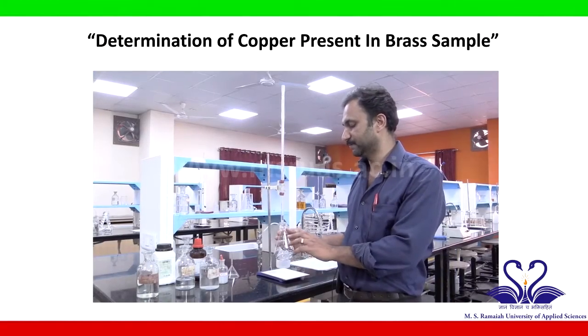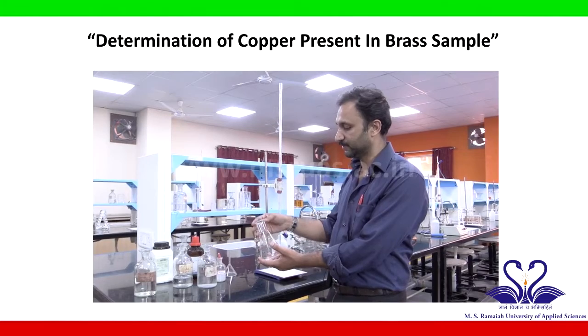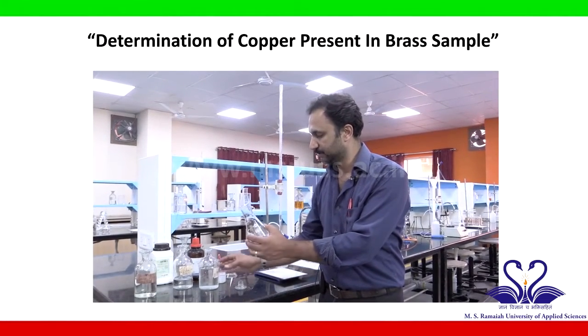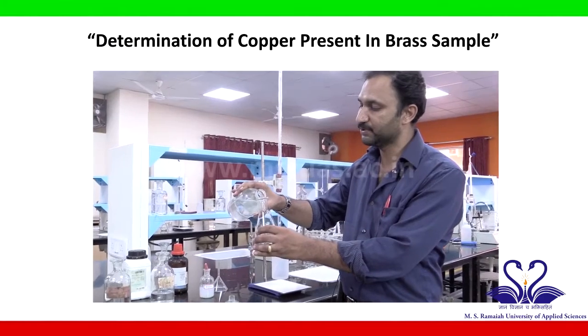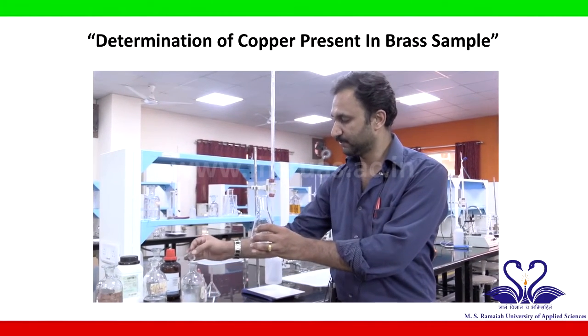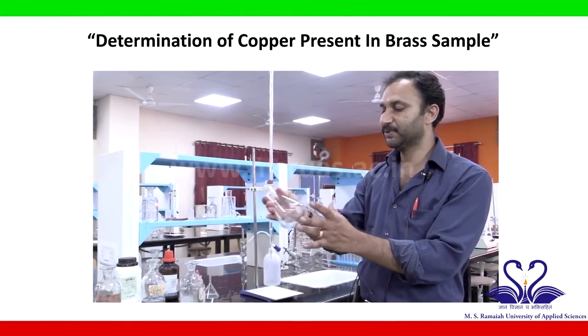After completing the titration, you have to wash with a little bit of ammonia. Because Cu2I2 is insoluble in water, we add a little bit of ammonia so that Cu2I2 will dissolve. Otherwise, it will interfere in your next reaction also.